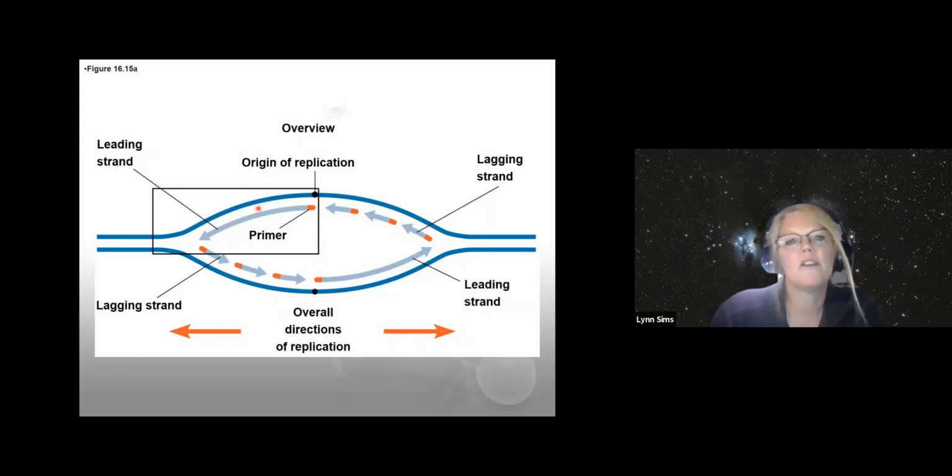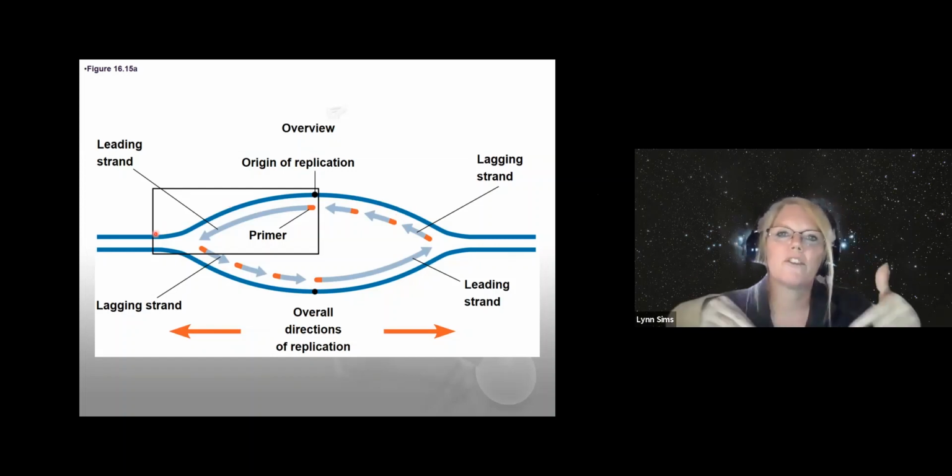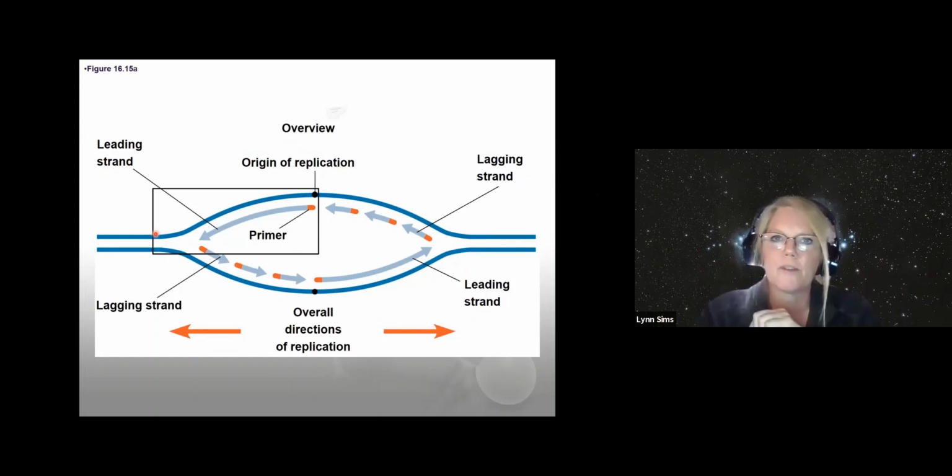So this strand of DNA right here, the darker parent strand, is being copied continuously, and that's the leading strand. And we can see there's a leading strand on the opposite end diagonally going in the other direction. Now, it seems like it's going in the other direction, but remember, each of these parent strands are in opposite directions. So remember the 5' to 3' and the 3' to 5'.